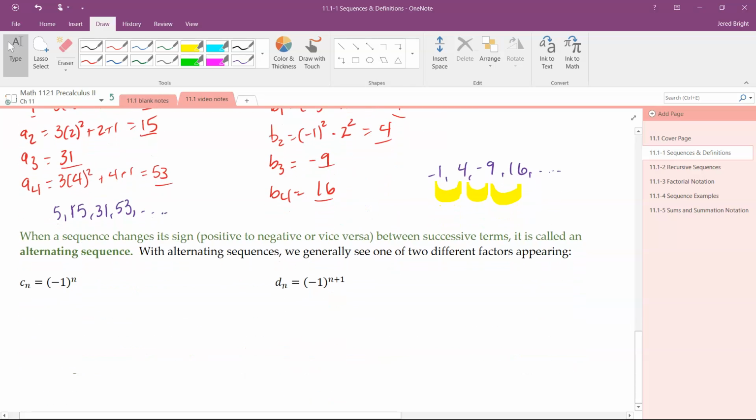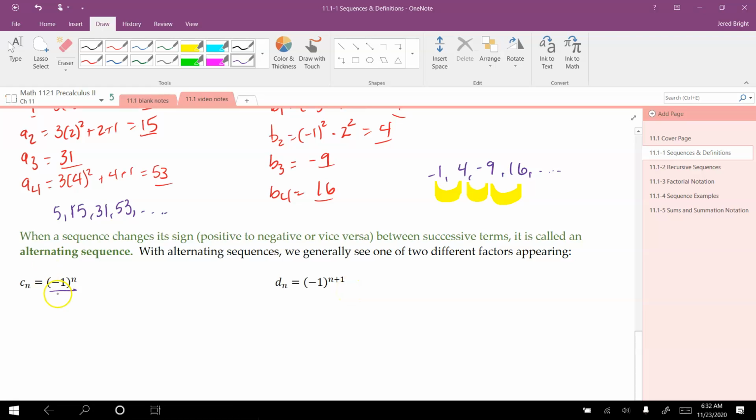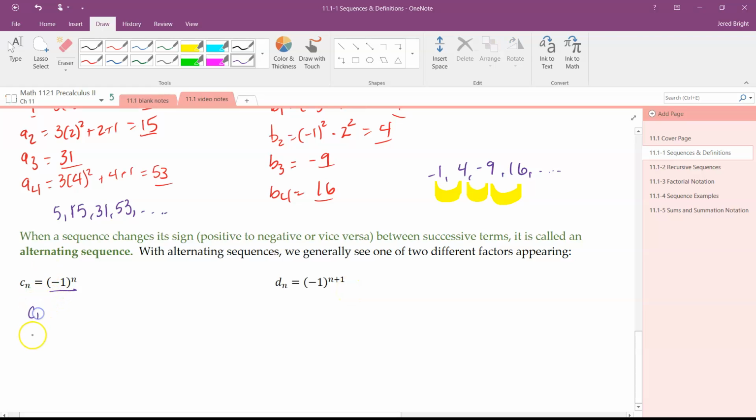Generally, we're going to see that pop up in a couple different ways. We could either see the factor of negative 1 to the n, or negative 1 to the n minus 1. And when we see this, if we can just imagine c1, c2, c3, this one, all the odds are going to be negative. So this just means that the odds are negative.